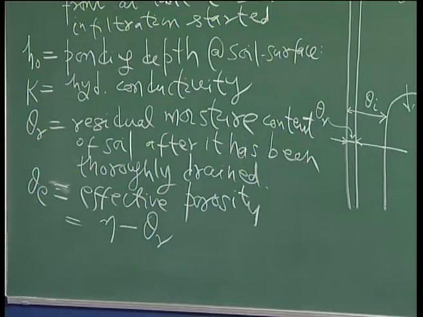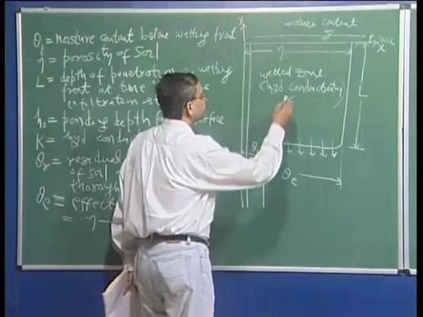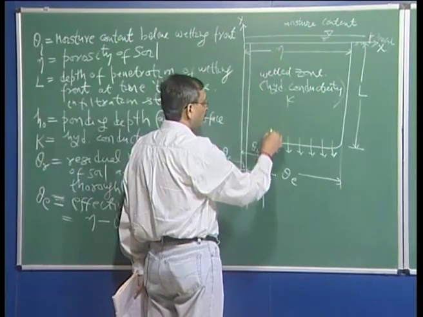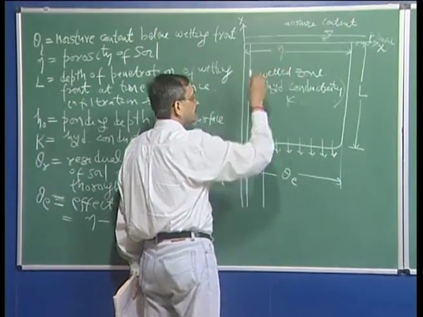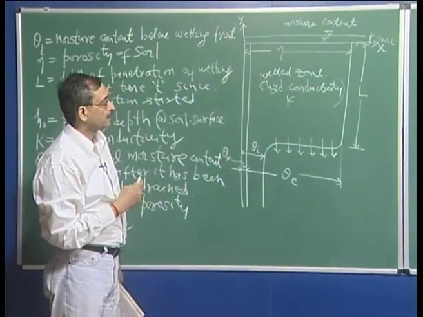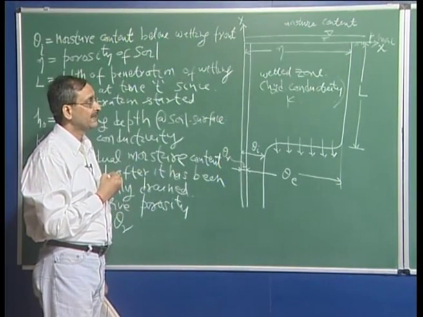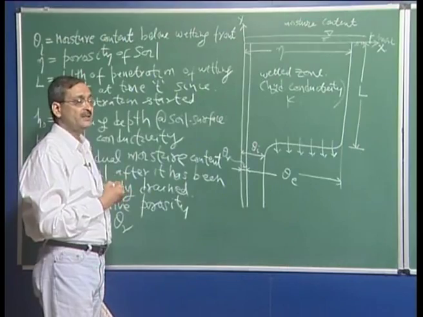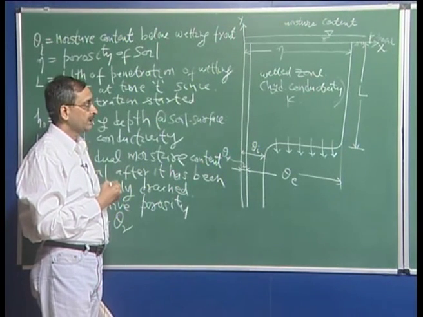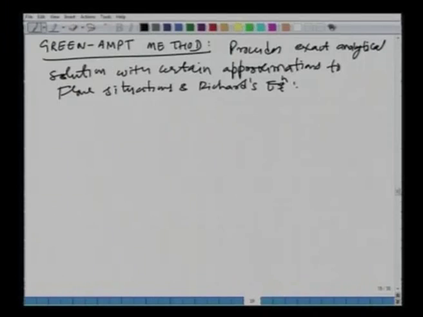Now what we are going to do is take a control volume within this depth of infiltrated water. We will use the control volume approach and try to derive the expression for the infiltrated water. So, we will move to our soft board here.